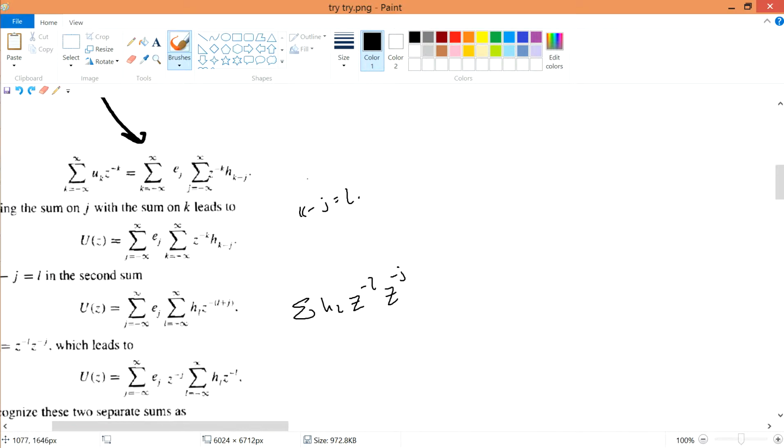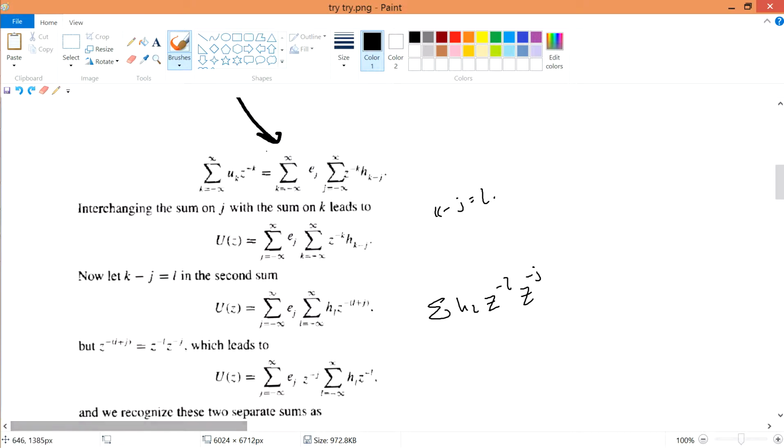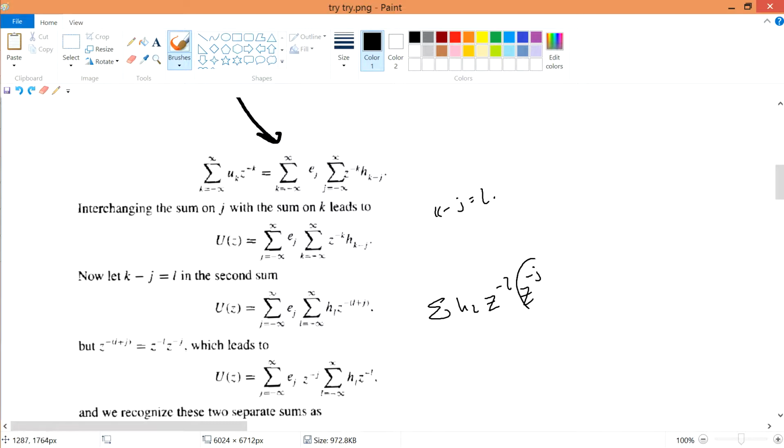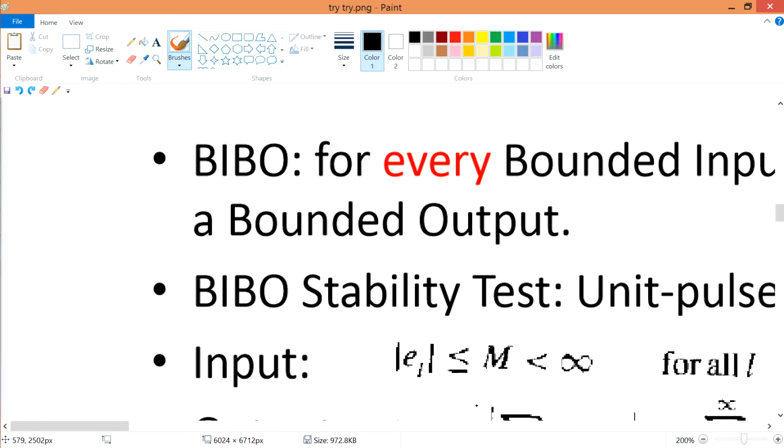So the next step, after I sub in my k minus j equals l, I'll have this thing, and then I break it down into here. Over here you can see that there is a z^(-j) already, and then I shift it to this side. So this part over here is in terms of a j z transform.